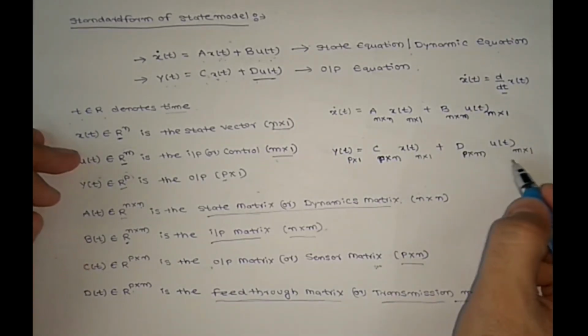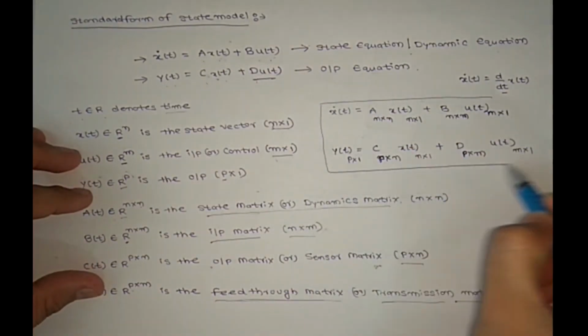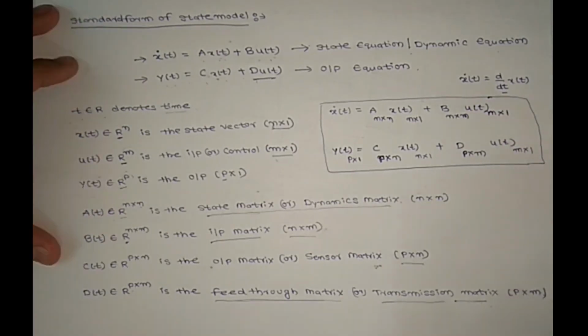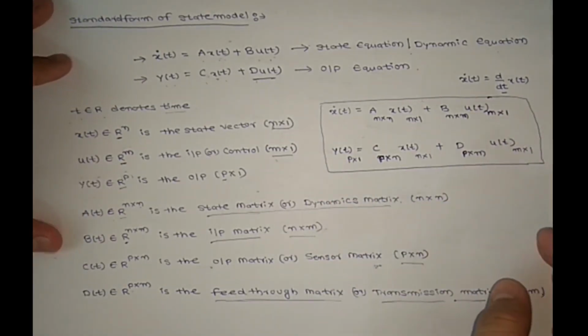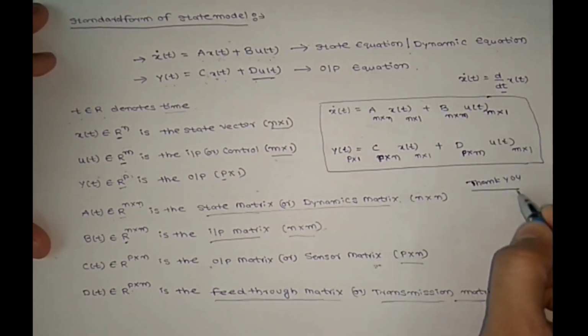Only then can you multiply these. Remember all these terms, then only you will understand very clearly in upcoming lectures. Why we are writing all these things, I will explain in upcoming lectures. Thank you.